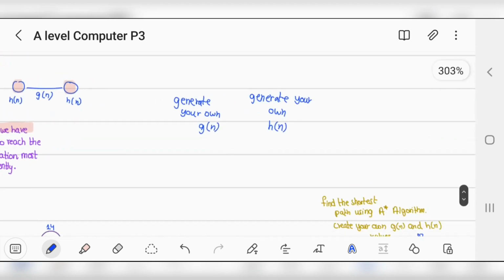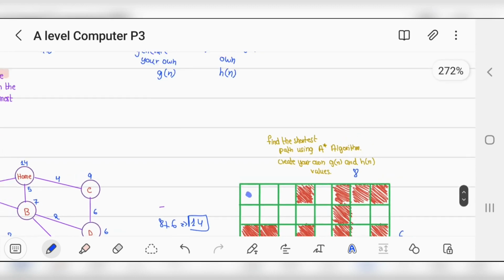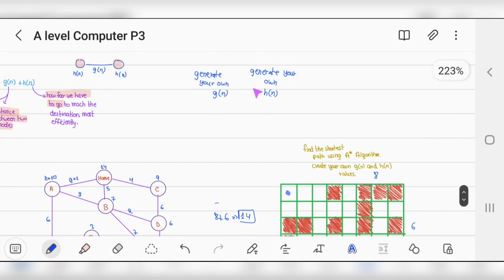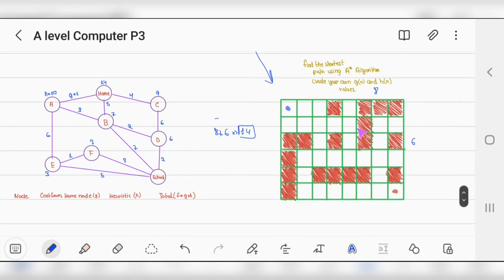If you ever get these kinds of scenarios, right here, this is a scenario where we need to calculate our own Gn and Hn.